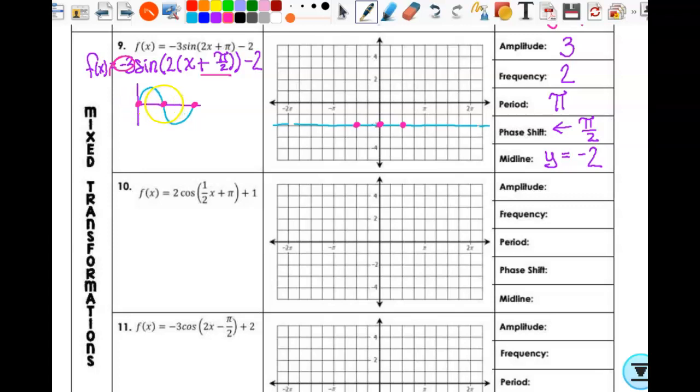Halfway between the first 2 points, I would go up whatever the amplitude is, but this is negative, so instead I'm going to go down the amplitude. And then between the second 2, I would go down, but there's a reflection, so I go up, and I'm right here.